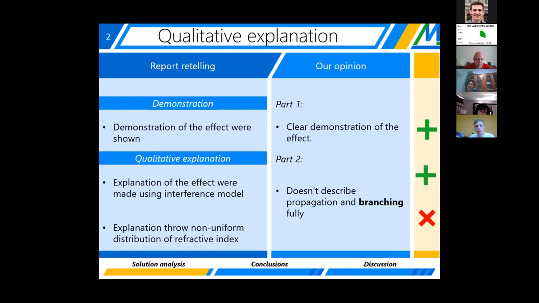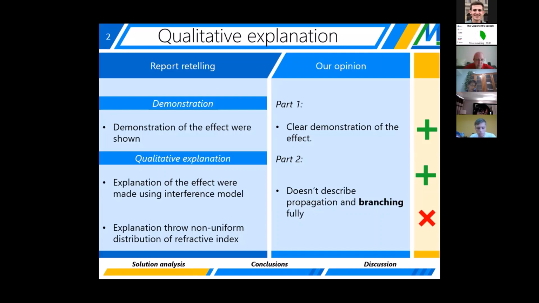For example, different thickness of the film may produce such a branching. We want to see some proof of this mechanism of the phenomenon. But we think that it will be really an improvement of this report.